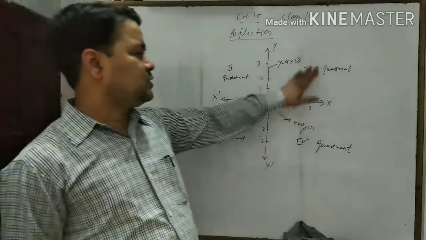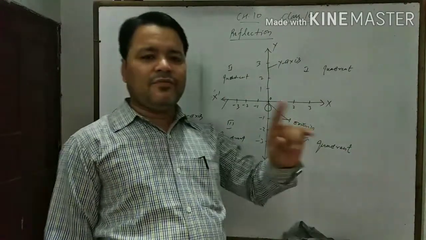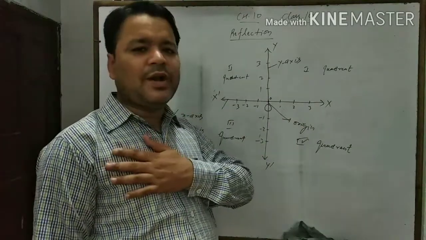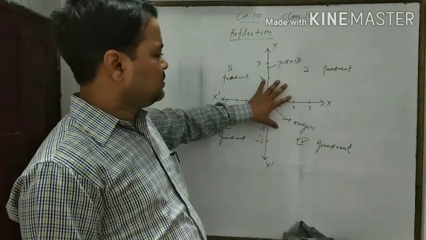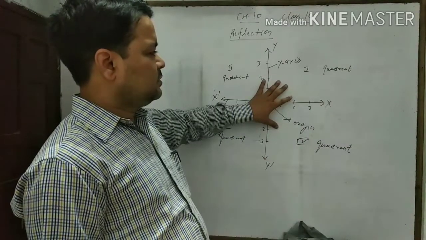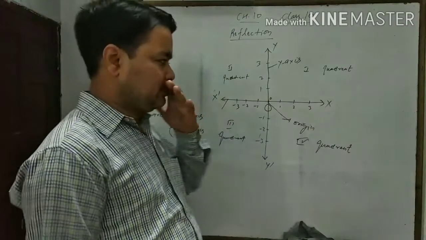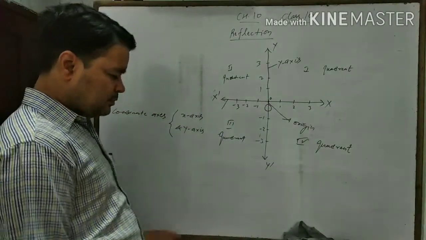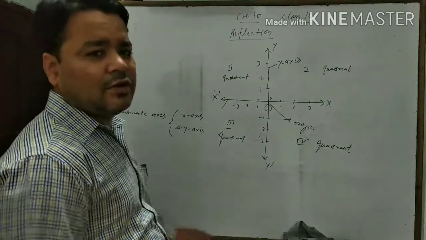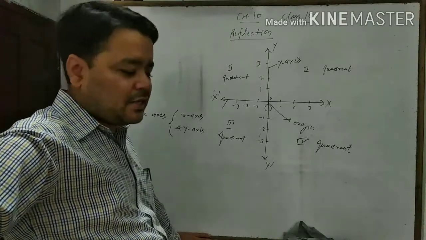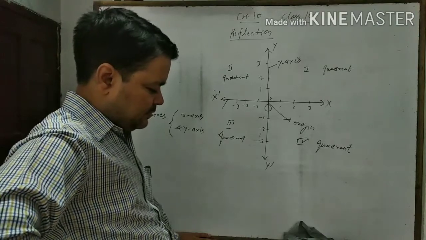Now this plane is divided into 4 equal parts, and the plane is called the coordinate plane or Cartesian plane. XOX' is called the horizontal line or x-axis, and YOY' is called the vertical line or y-axis.